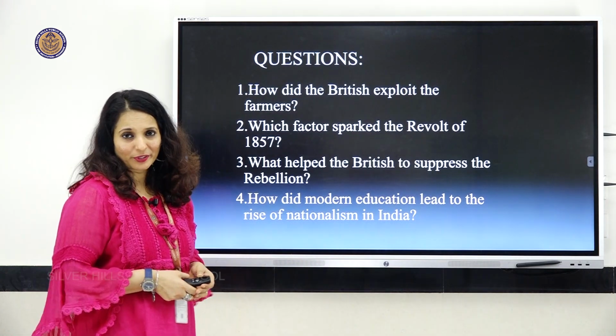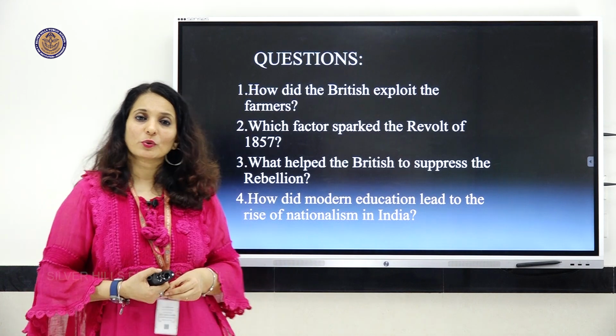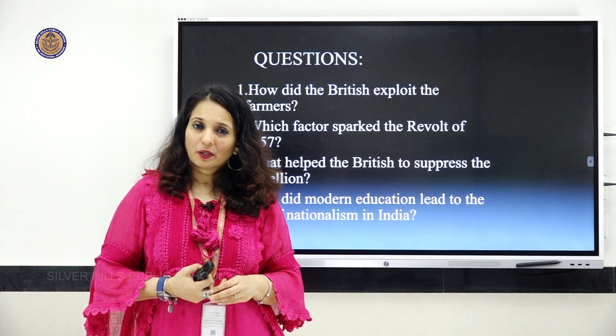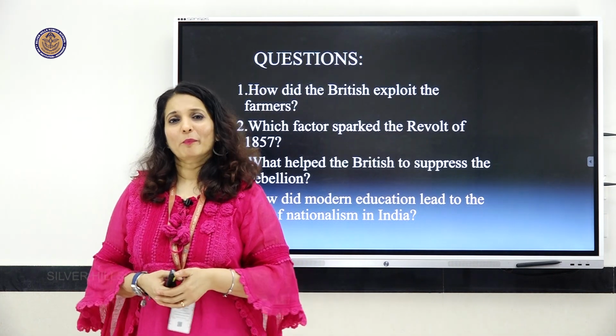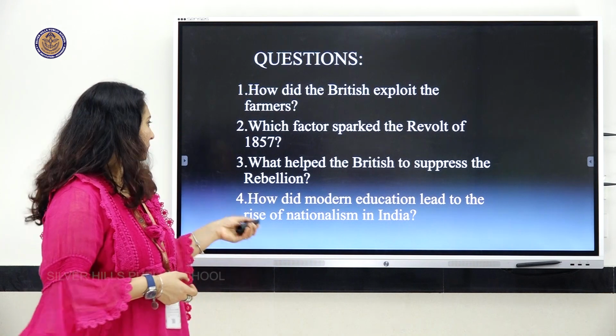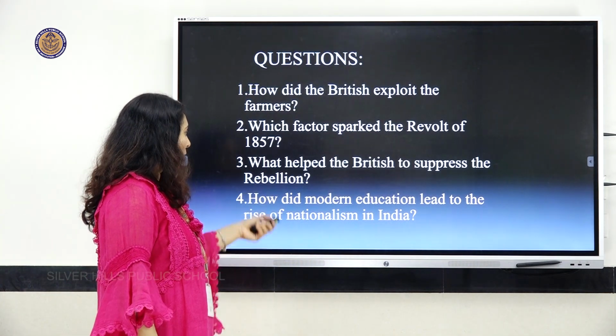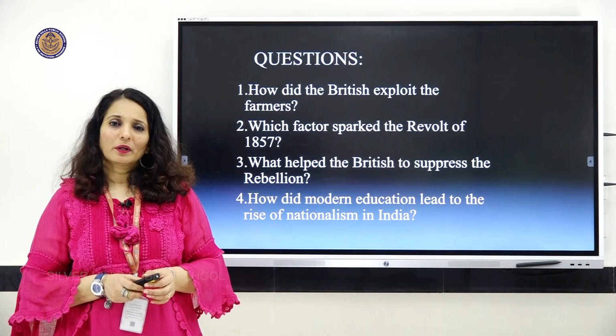What helped the British to suppress the rebellion, or how were the British successful in suppressing the revolt? The British had better weapons, the British had money, and they were organized compared to the Indians. The last one, how did modern education lead to the rise of nationalism in India?